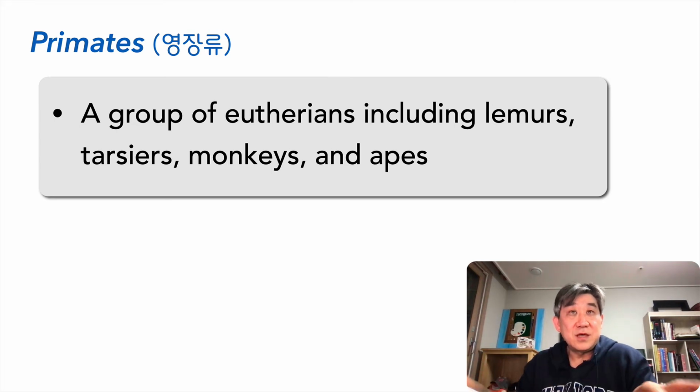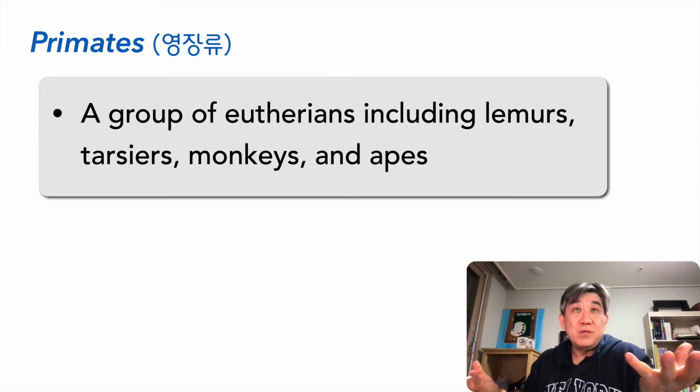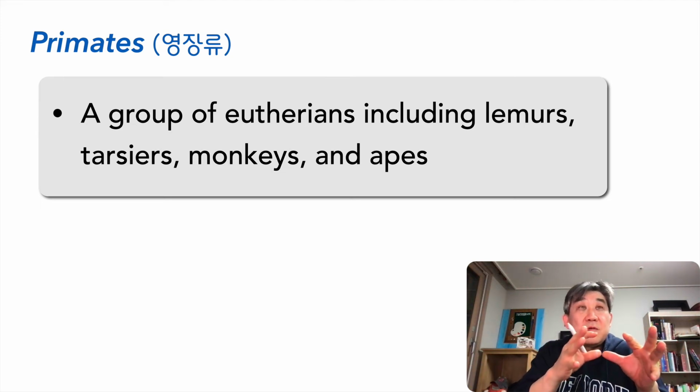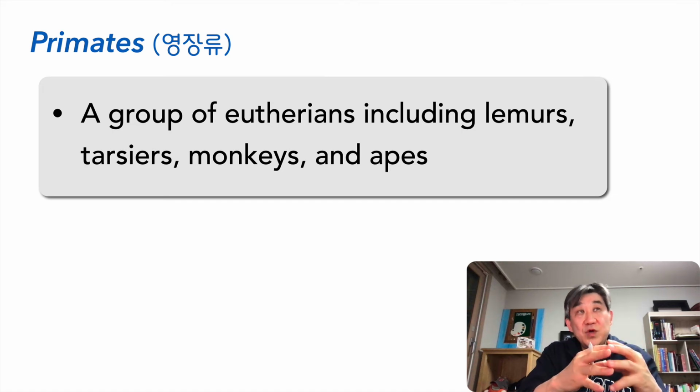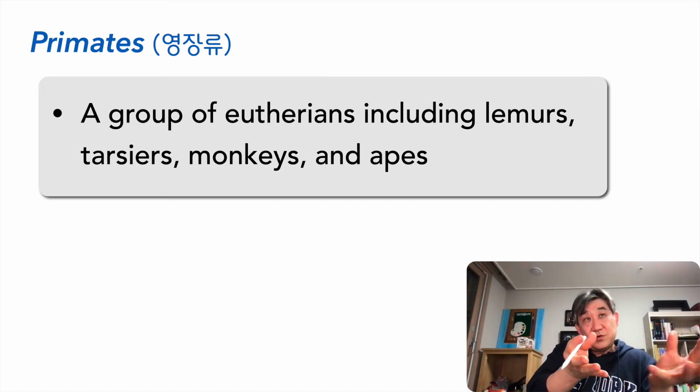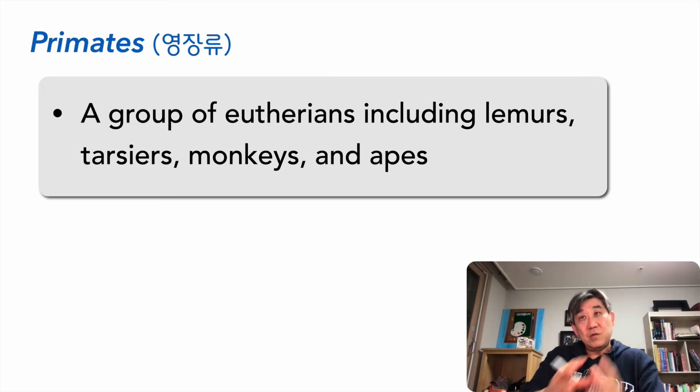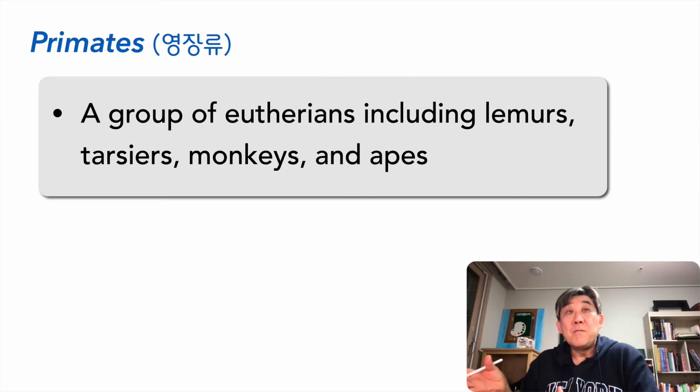We belong to a relatively bigger group of primates, which is a group of the mammals, especially the eutherian or placental mammals, and this group includes the lemurs and tarsiers and monkeys and apes.